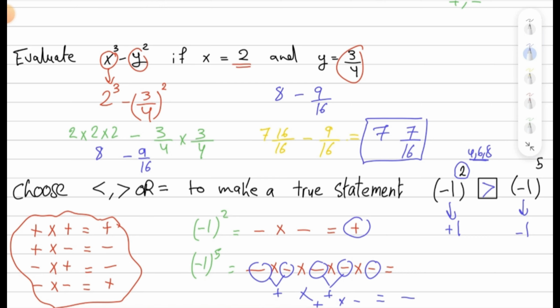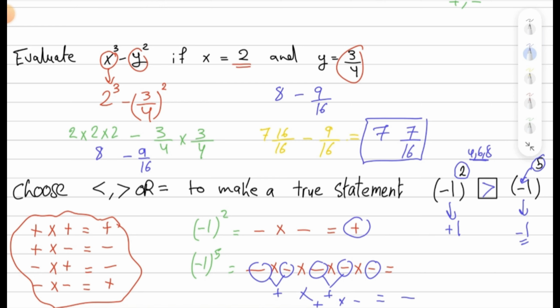But if we have an odd number in the exponent, like 3, 5, 7, 9, 11, and so on, any odd number, it will keep the negative sign. And the answer will be negative if the base is a negative number.